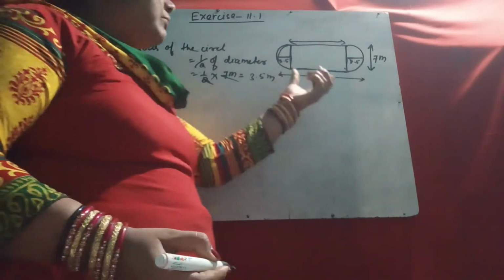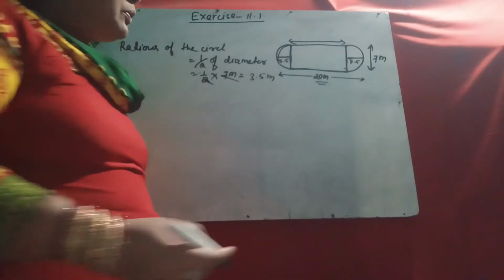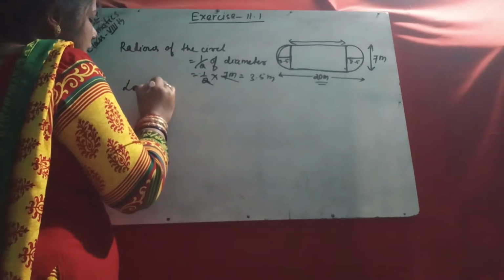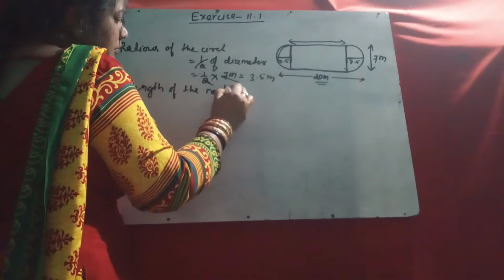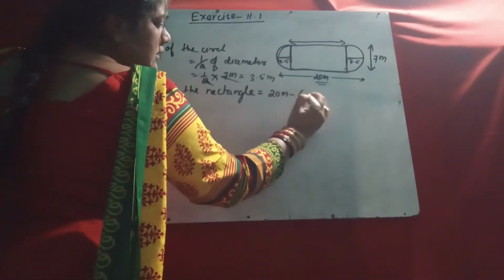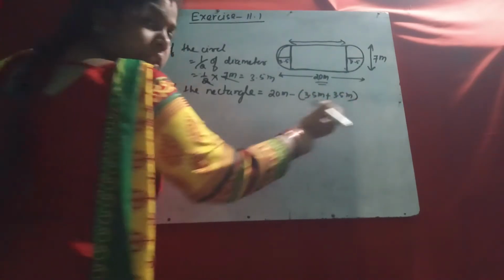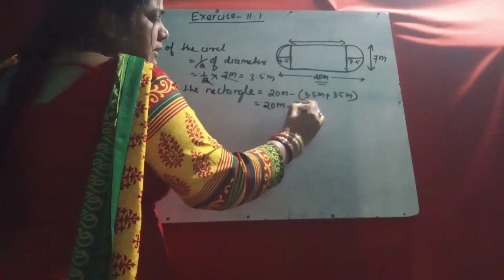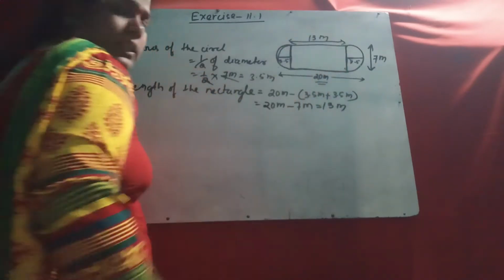For this distance we have to subtract. Length of the rectangle is 20 meter minus 3.5 meter minus 3.5 meter, which equals 20 meter minus 7 meter, that is 13 meter. So this is 13 meter.